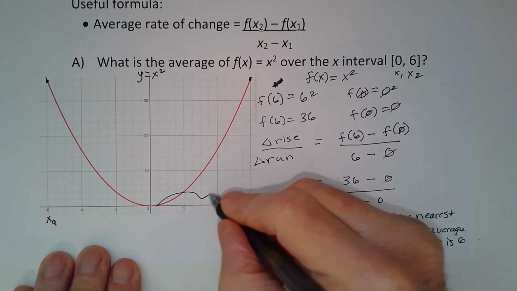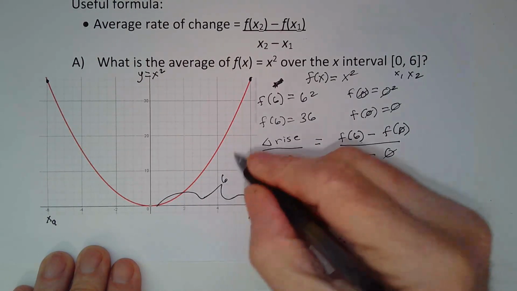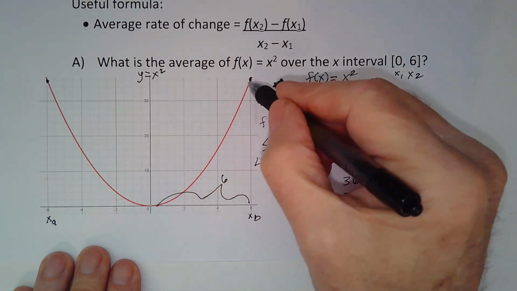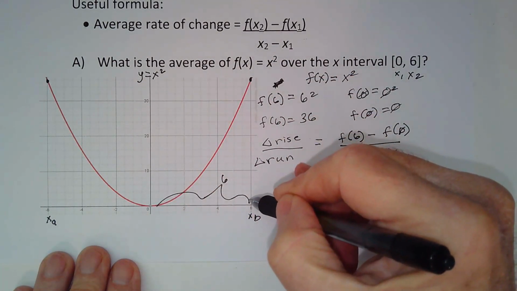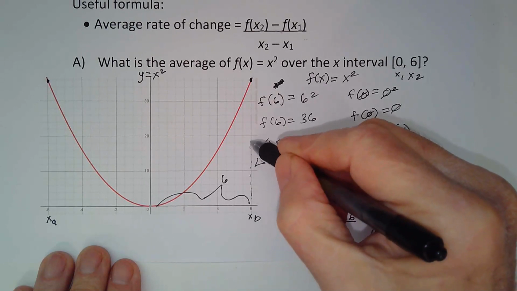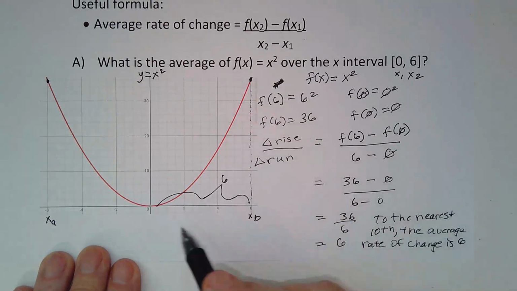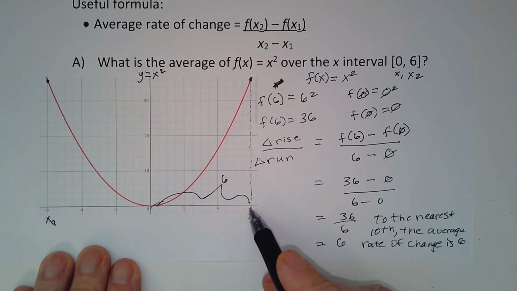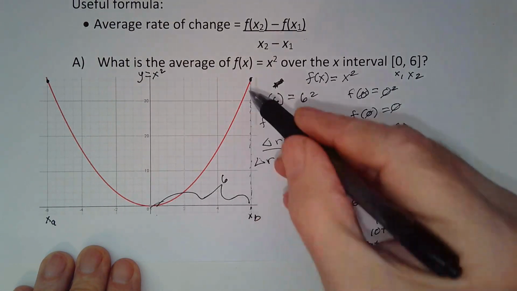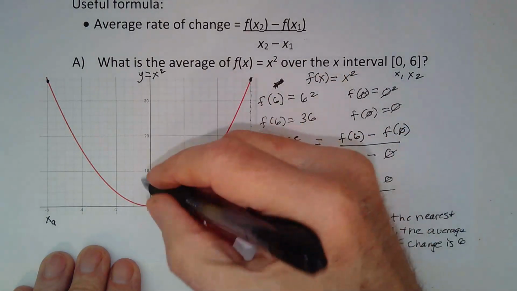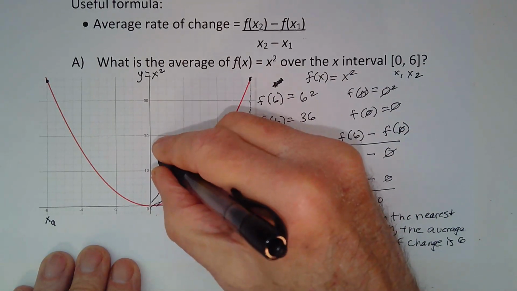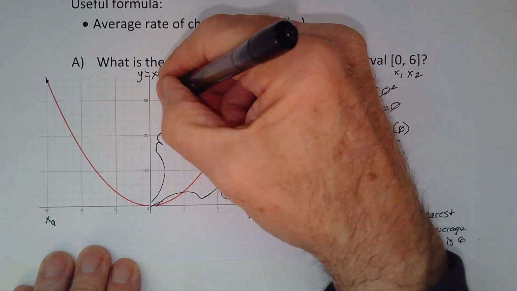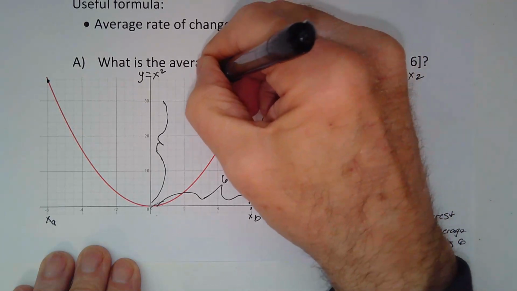this interval is 6 units, but this interval up here, let's just put the dashed line here so you can see it. The interval from 0 to 6 is 6 units, but the interval from, if I can get this right, let's see here.